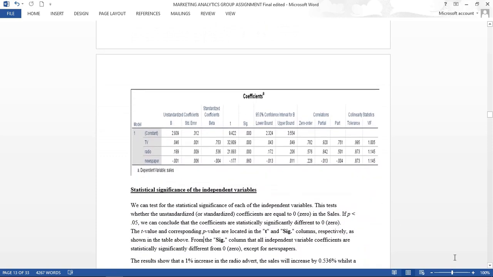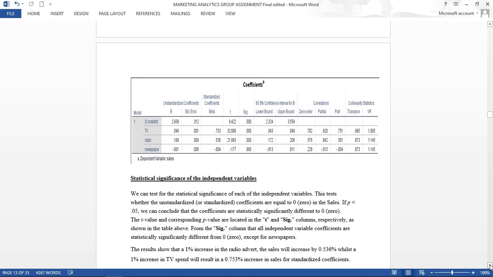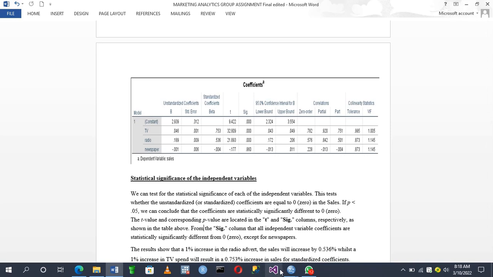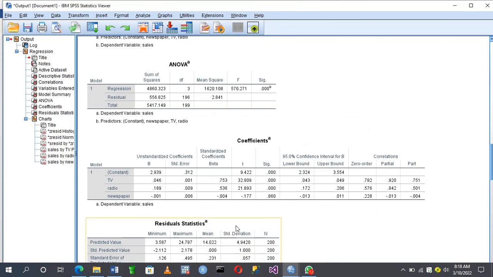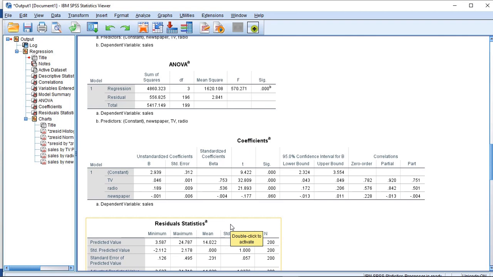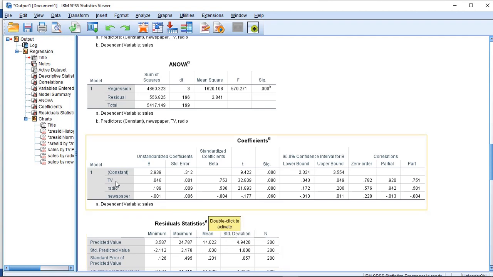This was the table that I was interpreting. So we can test the statistical significance of each independent variable. This tests whether the unstandardized or standardized coefficients are equal to 0 in the sales. But as you can see from the table, all the variables except for the newspaper are statistically significant. The TV has a test statistic of 32.809 and is statistically significant.